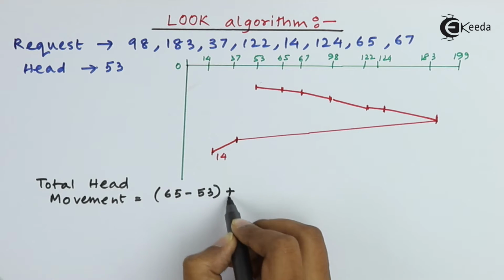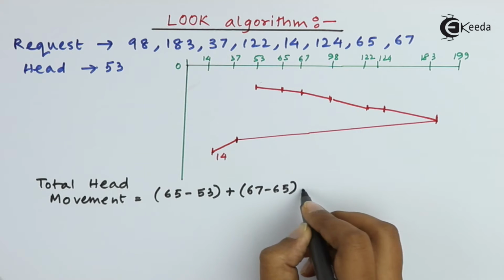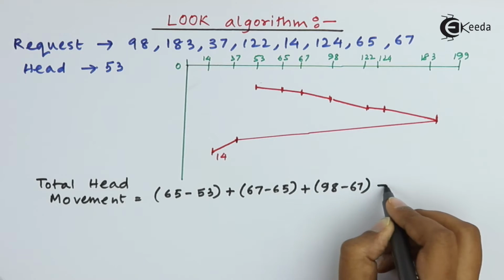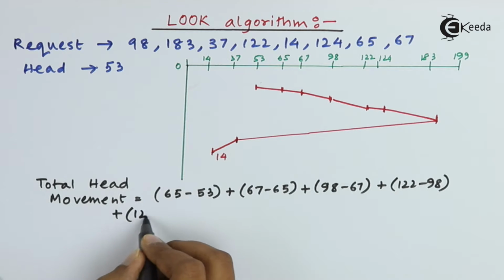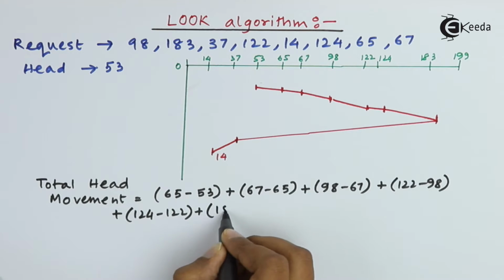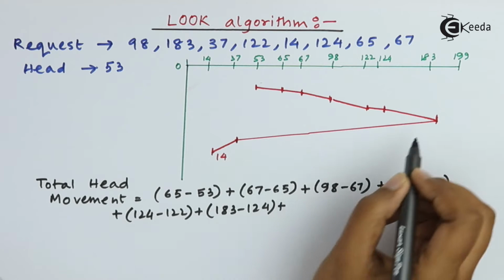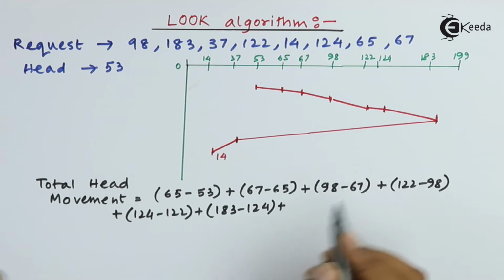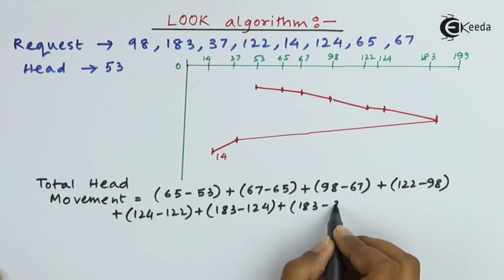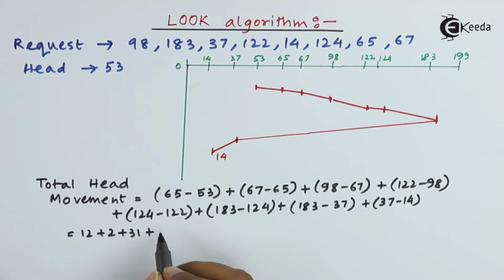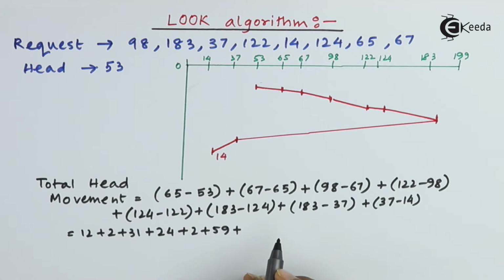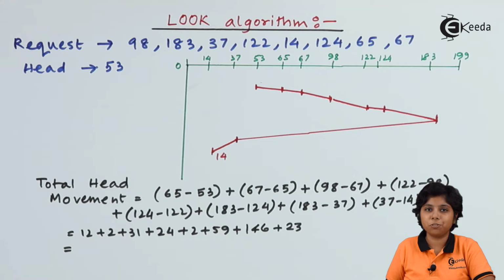From 53 to 65, then 67, then 98, after that 122, after that 124, then to 183, then it is moving down to 37, reversing its direction, and finally to 14. So the total head movement is 299.